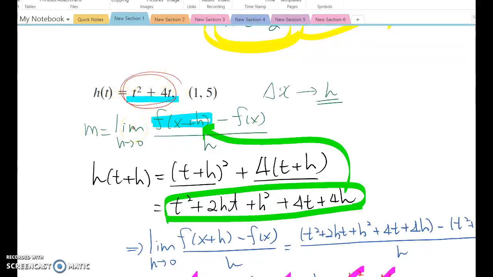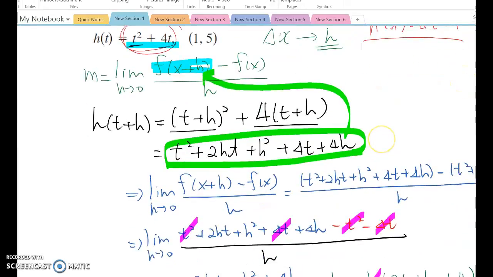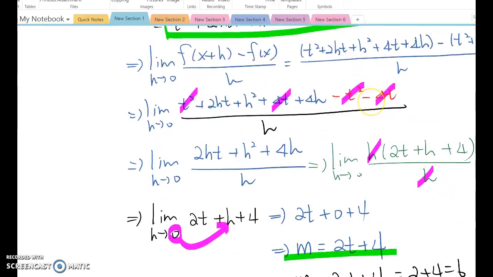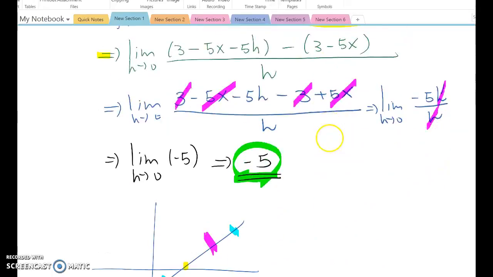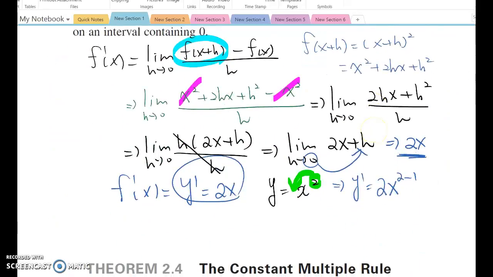So now let's use the property found here. So h prime t will be 2t, because I do just this one separately, plus this one. 4 times t, the derivative of t will be 4, so it becomes 2t plus 4. So if we go down here, we got 2t plus 4. So that's the sum and difference rule.